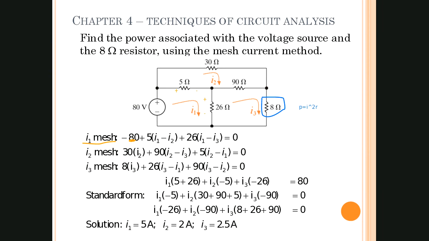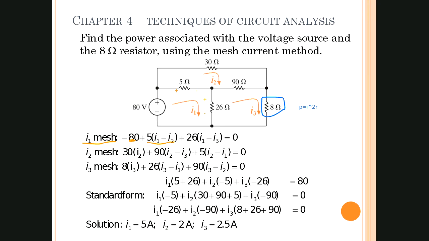In this second term, we have 5 ohms times minus I2. The way we get that, if you look at the I2 loop, it's going in the clockwise direction. Notice that the current for I2 goes through that same 5 ohm resistor plus to minus, but from right to left.